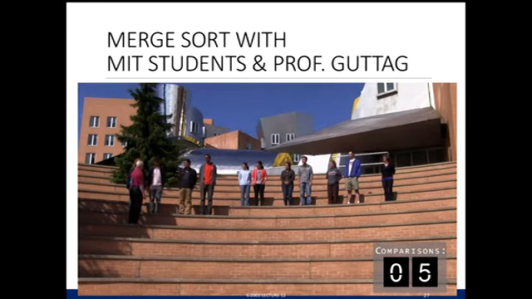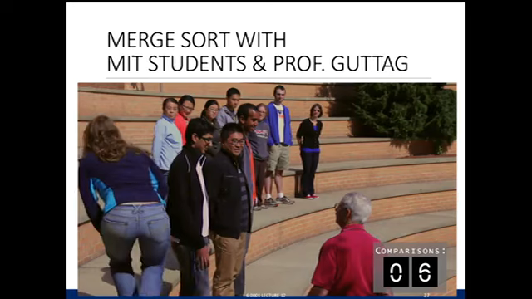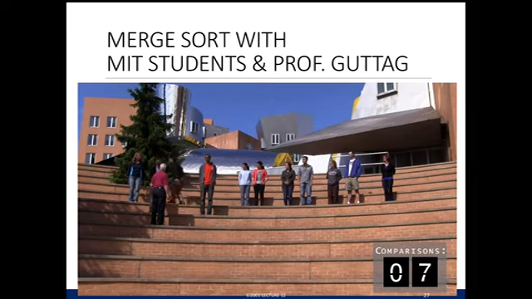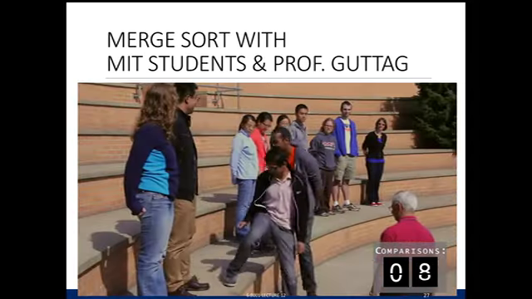We'll take the leftmost person in this group and compare her to the first person in this group and decide she's still the shortest. Take a step back. Now, we're going to look at you and say, you're actually taller than this fellow. So you now step up there. And we're good here. Both of you take a step back.